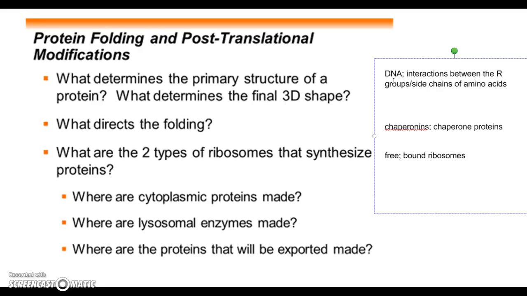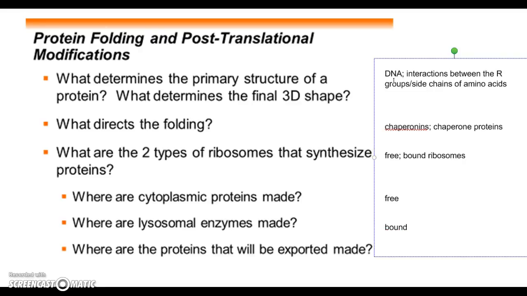And specifically in that cell unit, we talked about, well, what determines which ribosomes they're made at? And it really depends on where those final proteins are going to end up. So if they're going to stay in the cytoplasm, then it makes sense they're going to be made at those free ribosomes. If they're going to become an enzyme that's wrapped in a membrane, for example, the lysosome, they need to be made at a bound ribosome so that they can be packaged into a vesicle by the Golgi.